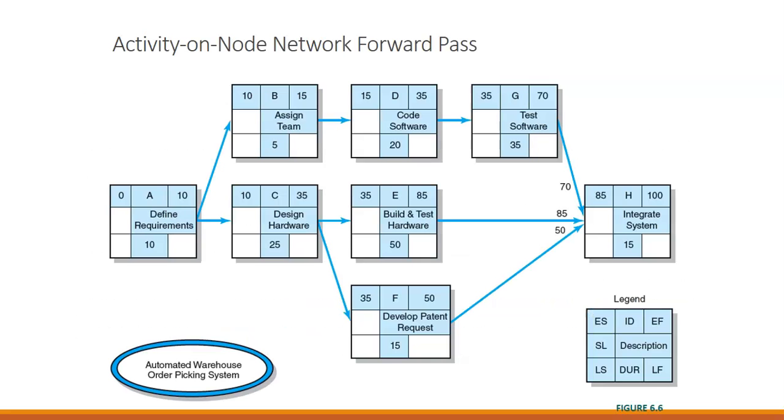So we go back here and we can see that we have activities that all flow into H. So we have 70 days for G to be finished, 85 days for E to be finished, and 50 for F to be finished. So the early start on H is the longest of those, 85.